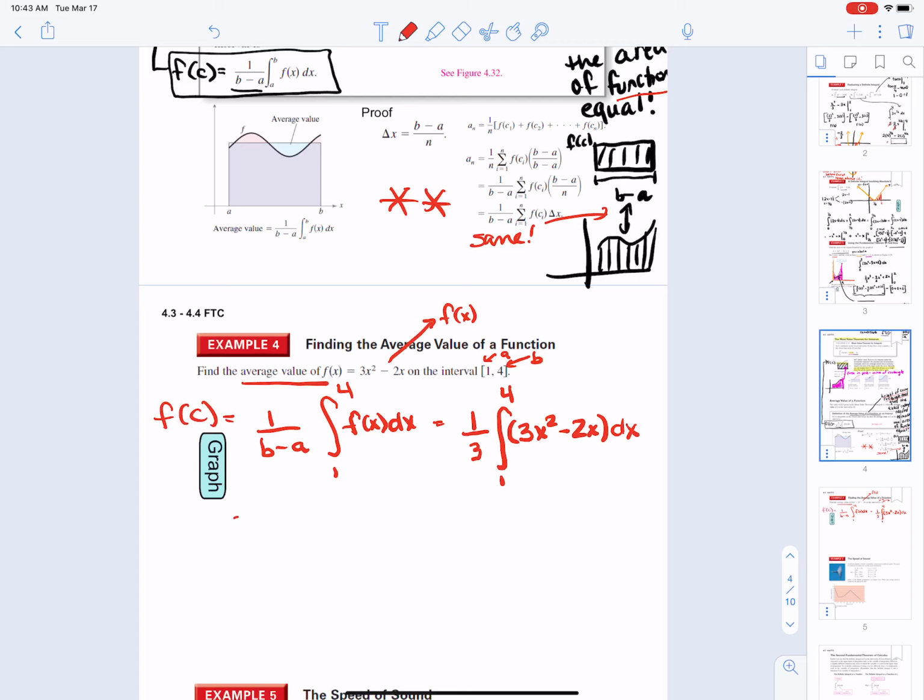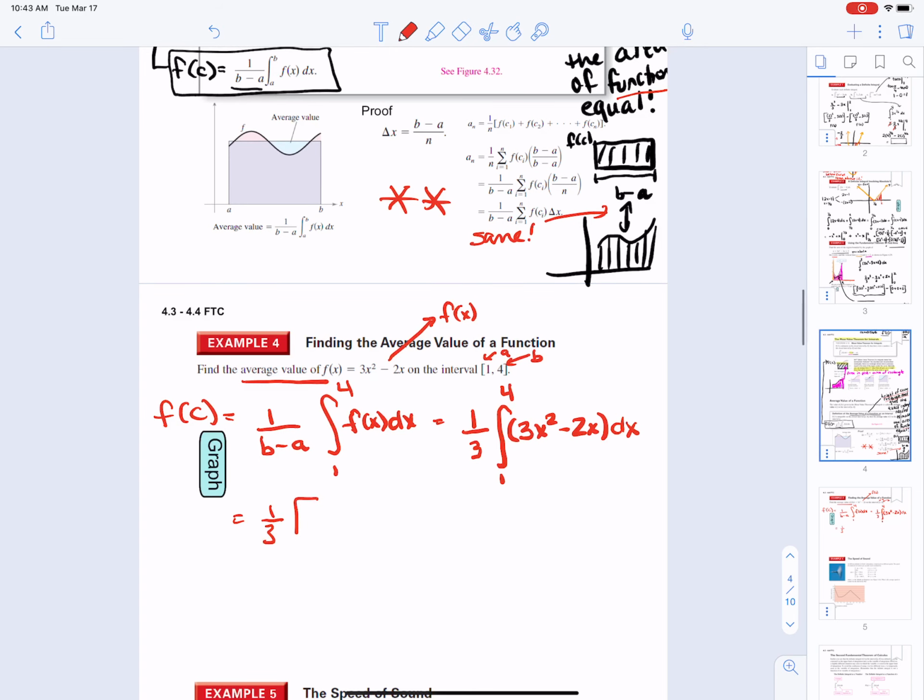Okay, so we'll work out this value, 1/3. The integral of 3x squared minus 2x is x cubed minus x squared. Those numbers in front will cancel out. We evaluate from 1 to 4. I'm going to leave the 1/3 on the outside.